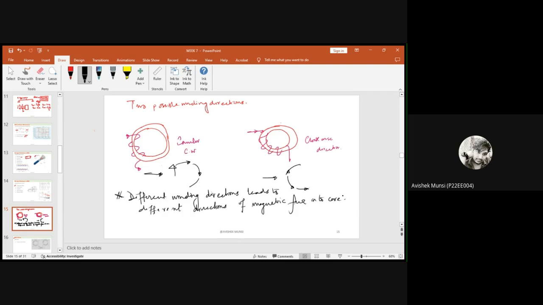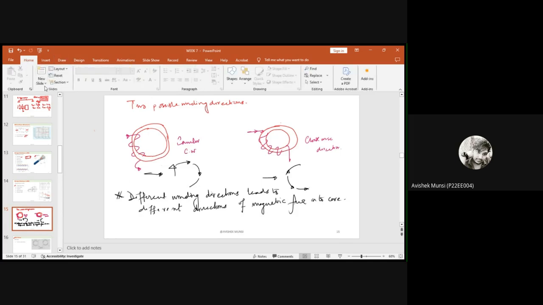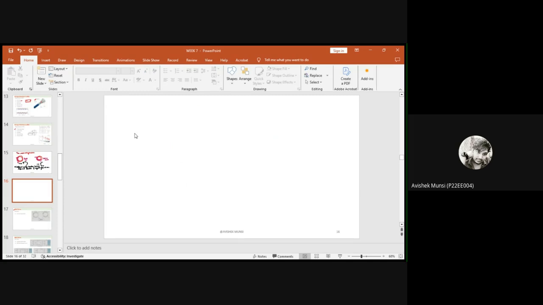This winding direction has no impact if you are talking about a single winding inductor. The sense of direction of winding has no effect on the basic operation of a single winding. So this is mainly applicable in the case of two windings.